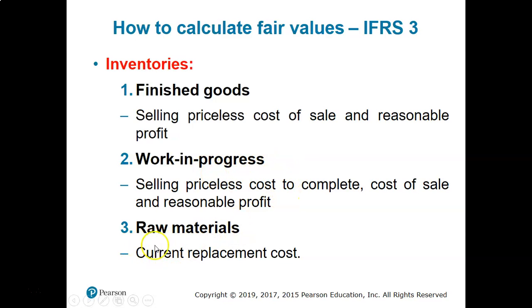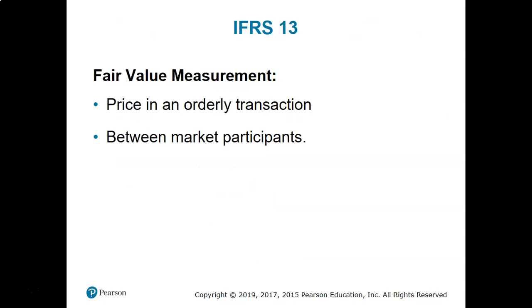And if it is raw materials, then what is the current market value? If I want to buy it again, that is the replacement cost of the raw materials, which should be recognized as the fair value. And in case of fair value, obviously, we should think about the arm's length transaction, as we mentioned before. That means the fair value measurement should be the price in an orderly transaction.